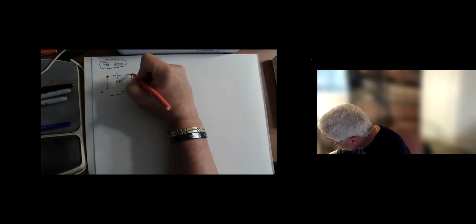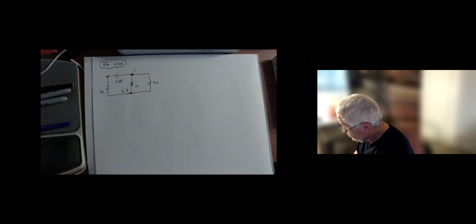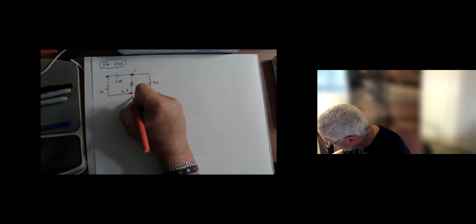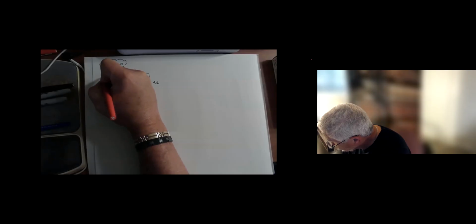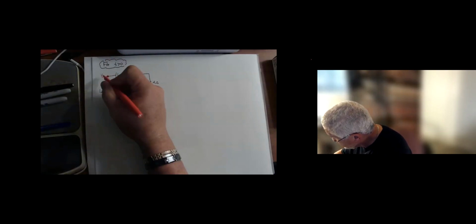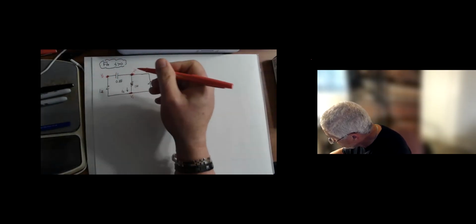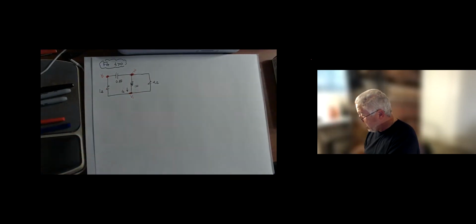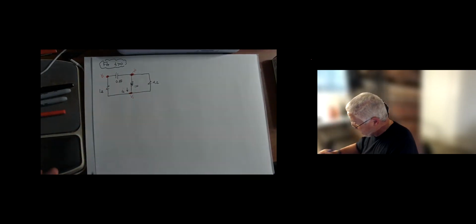Okay. I'm actually going to pick this node as the reference node, and I'm going to name this node V1 and name this node V2. Of course, this node V2 is the capacitor voltage that we described before. And then I'm going to put currents on my passive elements here.